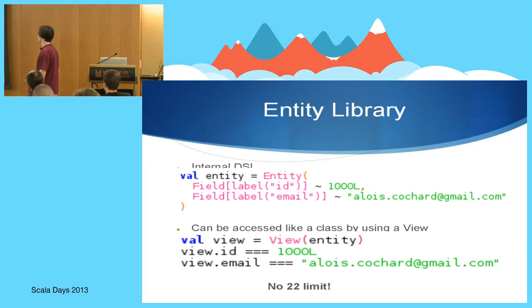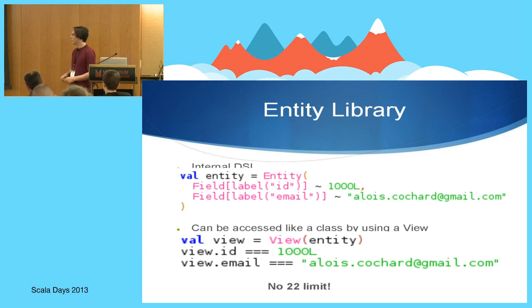The thing is that this is very flexible because it's based on an H-list. You can do a lot of interesting operations on it, but if you want to use it as a traditional case class, the syntax is not so good because you need to do, for example, .head, .tail, .tail.head to access a field. You could access some field using a natural number, but it's not really straightforward.